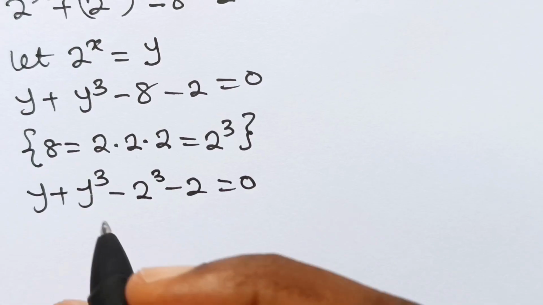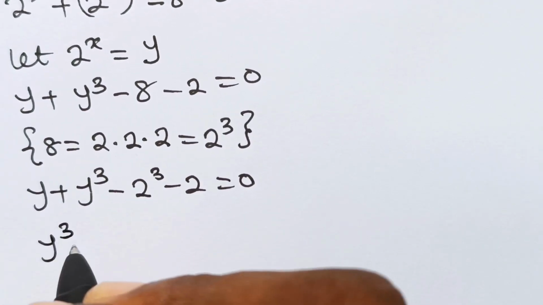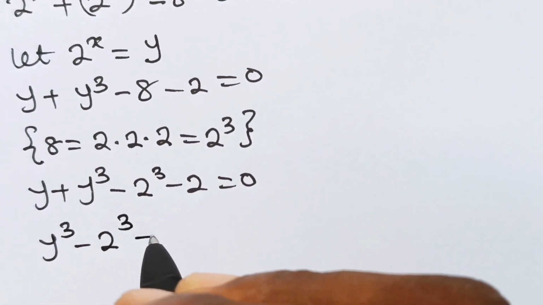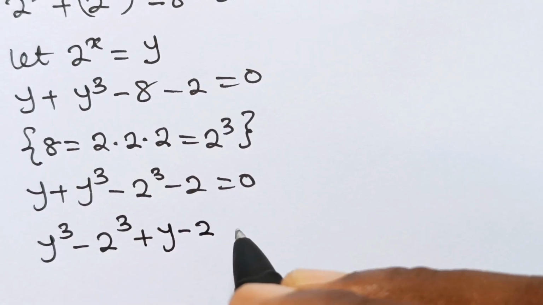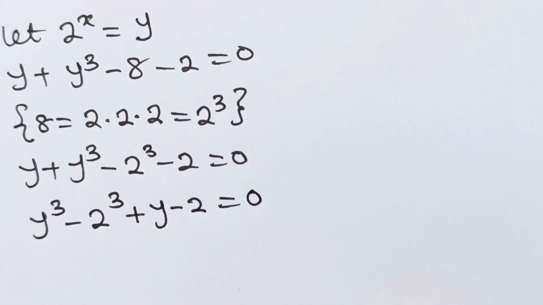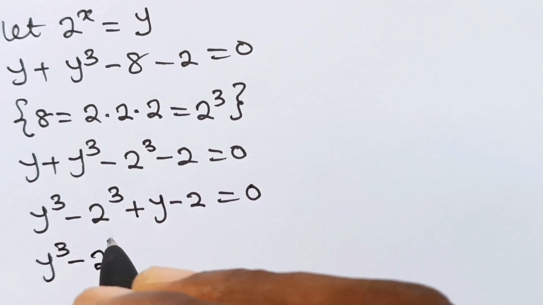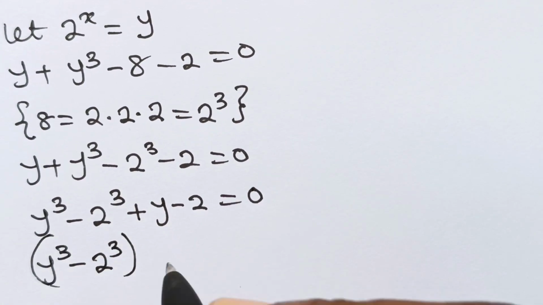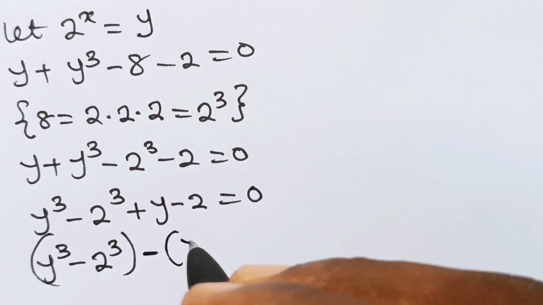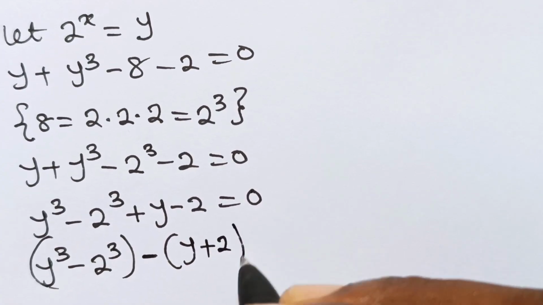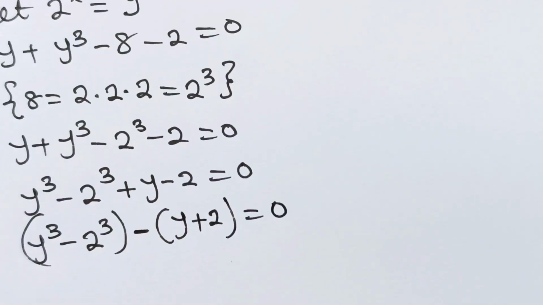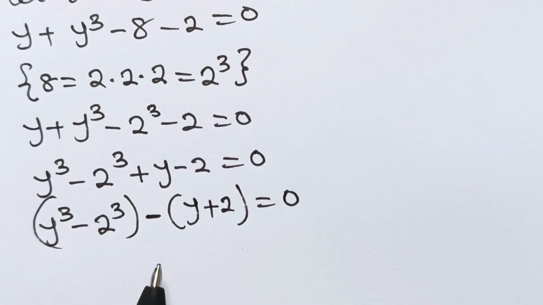So we can rewrite this as y to the power of 3 minus 2 to the power of 3 plus y minus 2 is equal to 0. So this can be written as y to the power of 3 minus 2 to the power of 3, then minus y plus 2 is equal to 0, if you decide to put this in brackets.